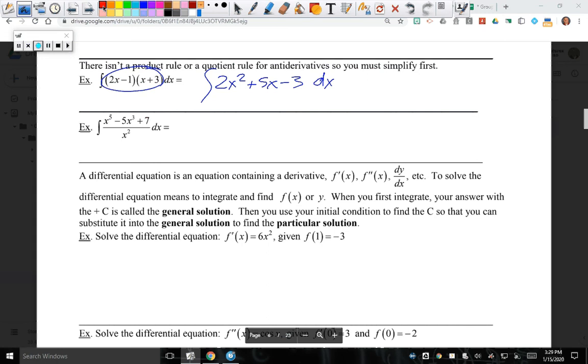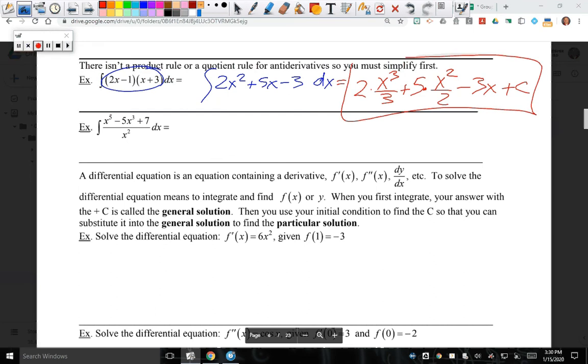Constant multiple rule, the 2 out. X squared becomes x cubed over 3, times 2. Constant multiple rule, the 5 out. X squared over 2, times 5. Right? What does this minus 3 become? Minus 3x. And then plus C, because it's a what? Indefinite integral.